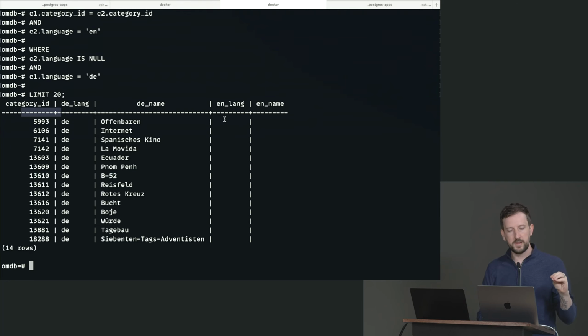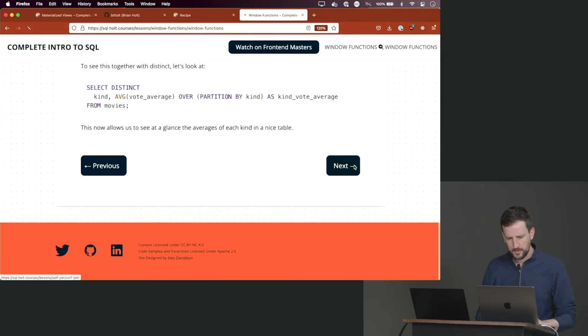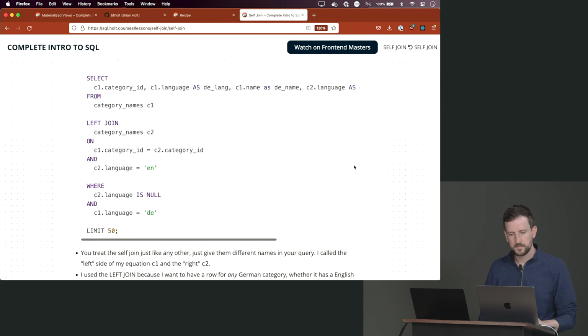Leave me with only things that have a German translation and you were not able to find an English translation for. So all of these things here exist in the category names table with a German translation, but there's not a second row to represent the English translation of it. So let me talk about it one more time.